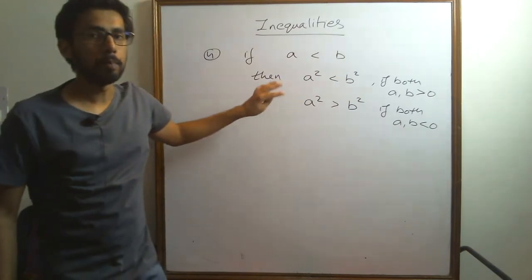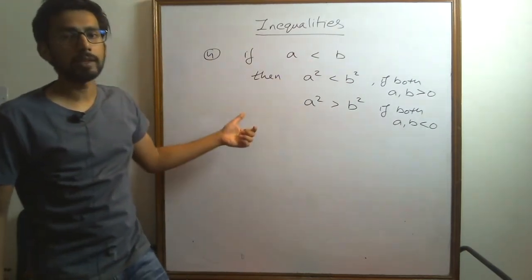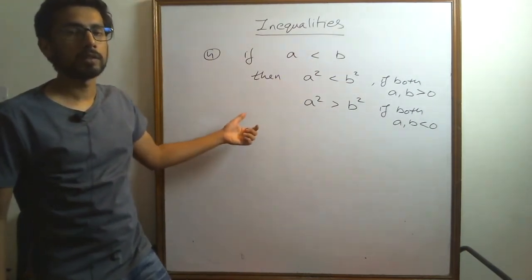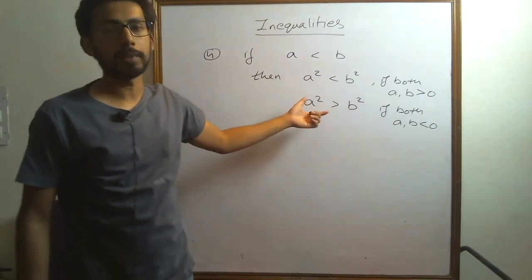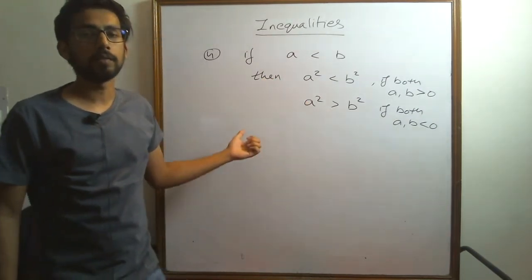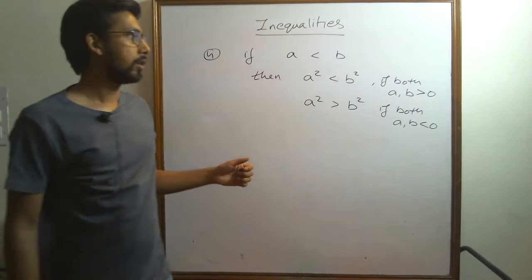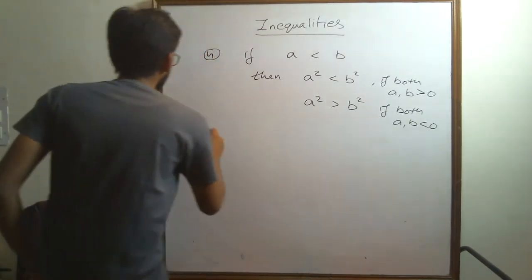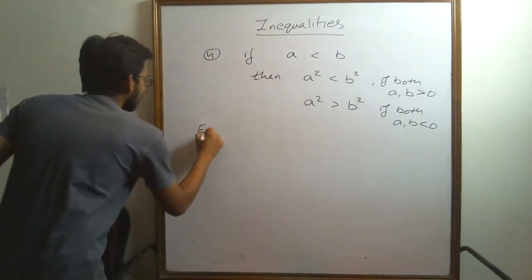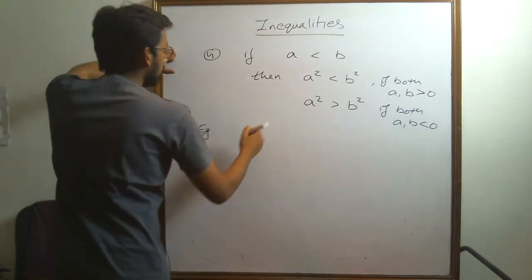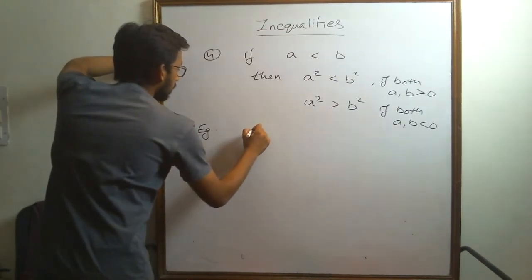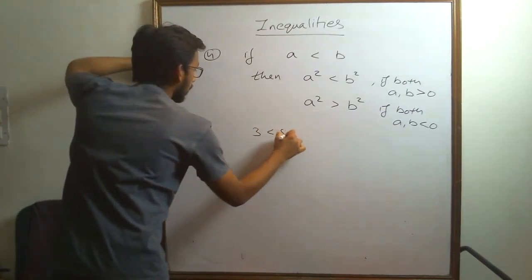Now, an important note here: we cannot tell which inequality it will be if one is positive and one is negative. I'll explain with an example. Say we have 3 is less than 5.